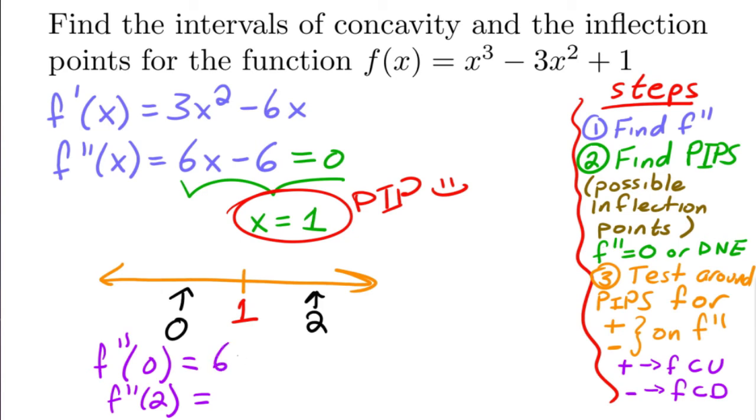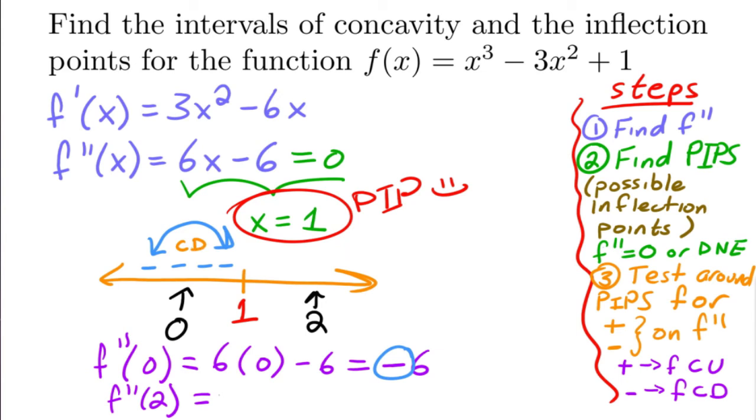Okay, so here I have 6 times 0 minus 6, which is equal to negative 6. All I care about is the sign, negative, which means that it's going to be concave down. So you can put a little hat like that, or you can write CD inside, whatever you want.